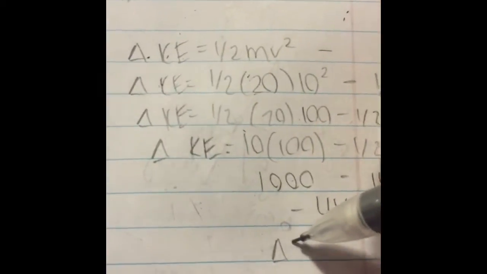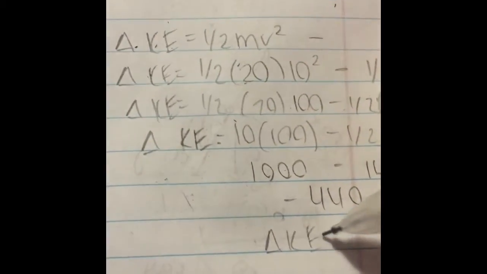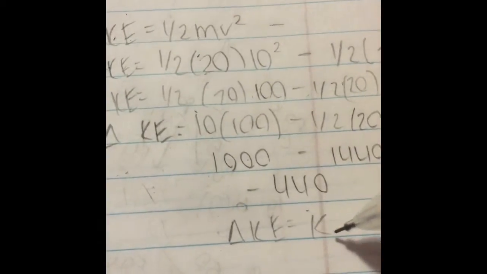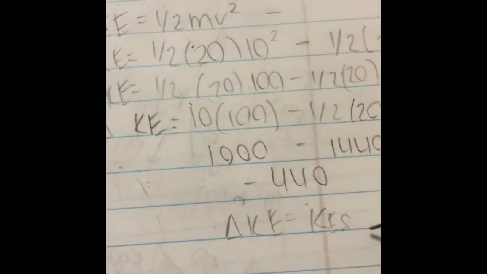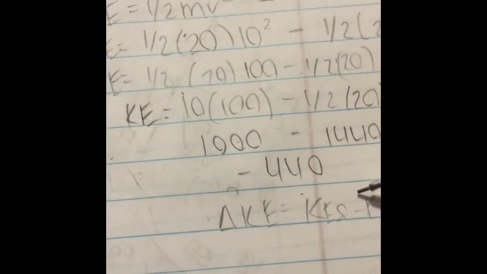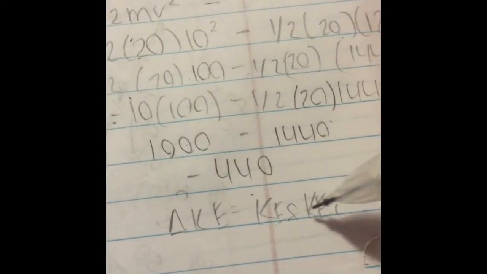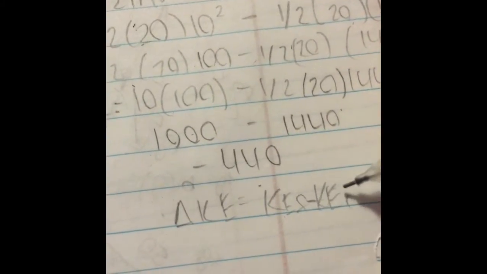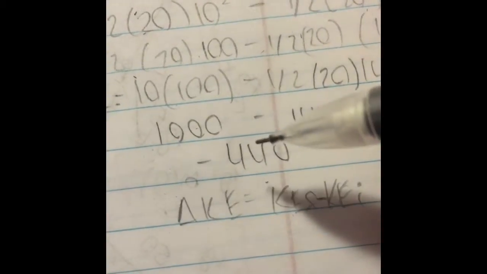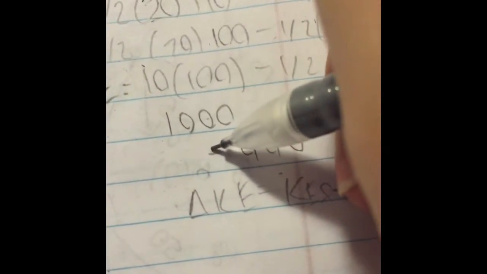fix it. It's supposed to be change in kinetic energy is equal to KEF minus KEI. So it would technically be positive 440. And then that means we have our work.